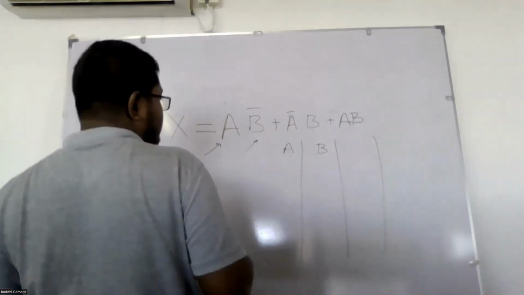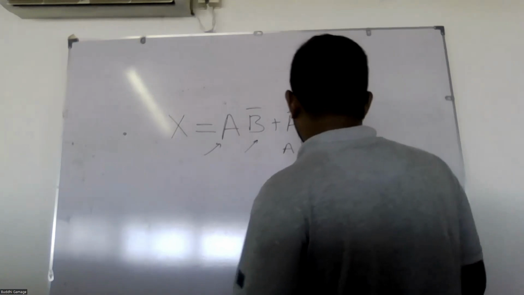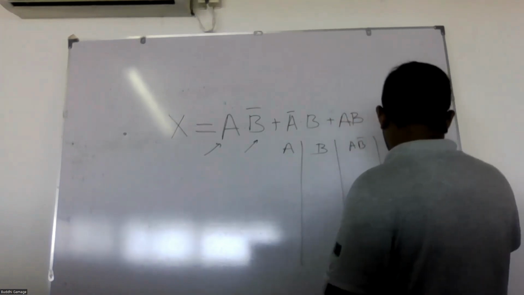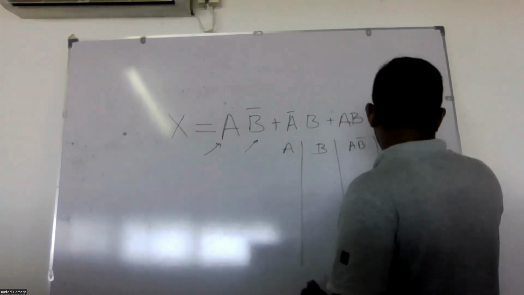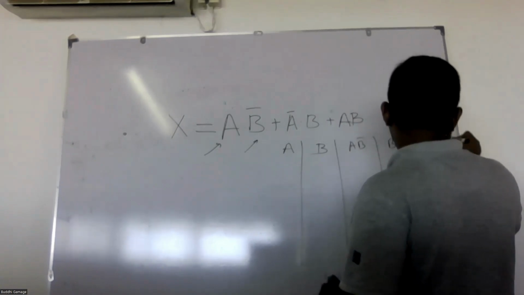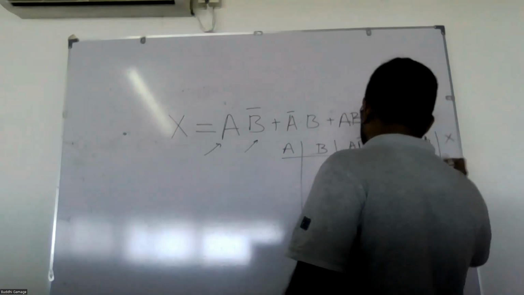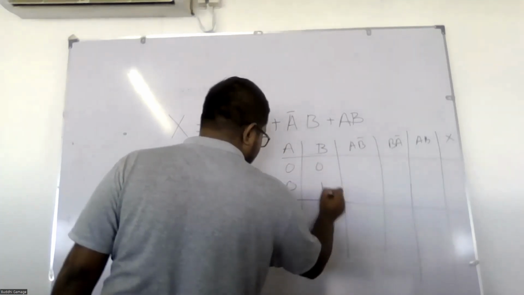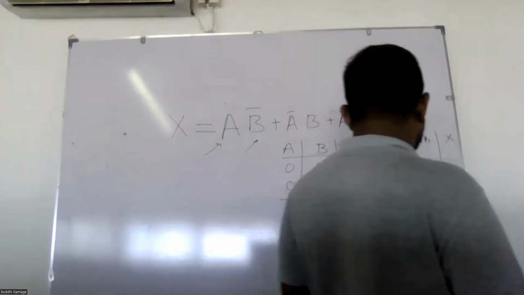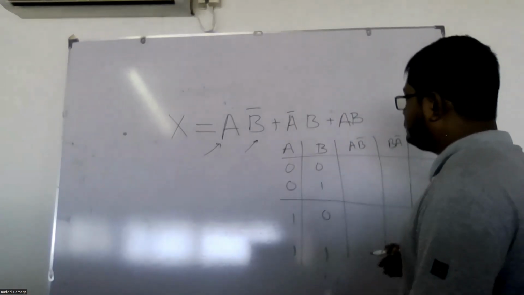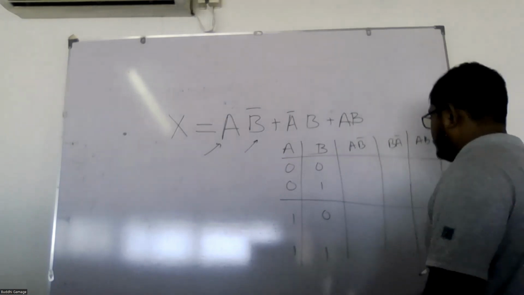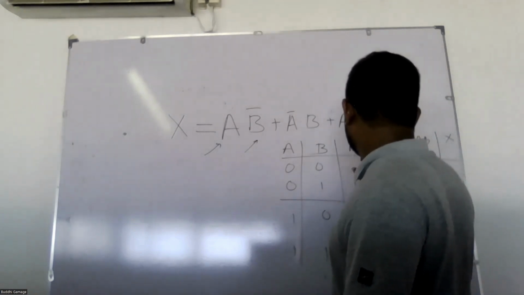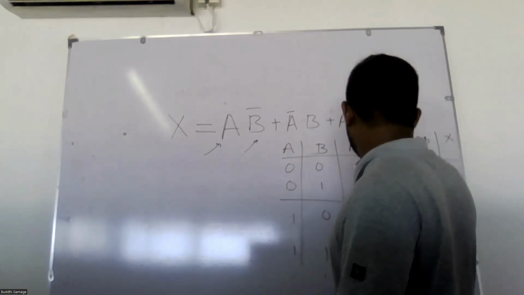Okay. So it is A dot B bar. A is zero, B bar, since A is zero, this should be zero.